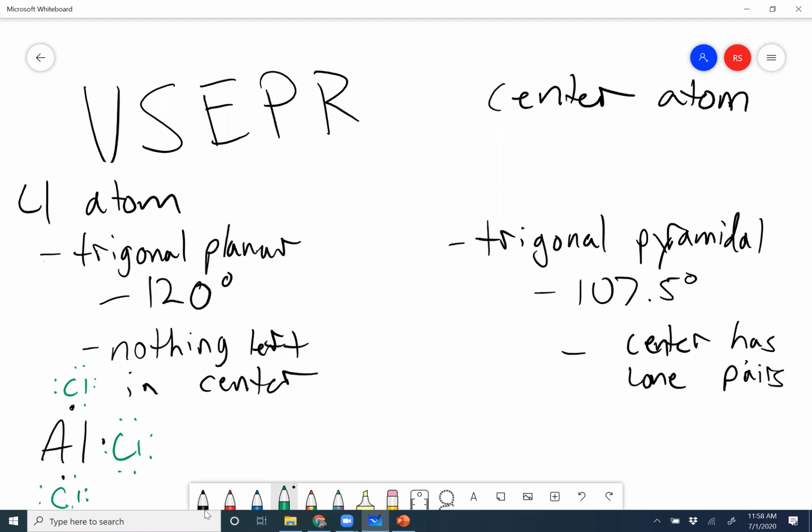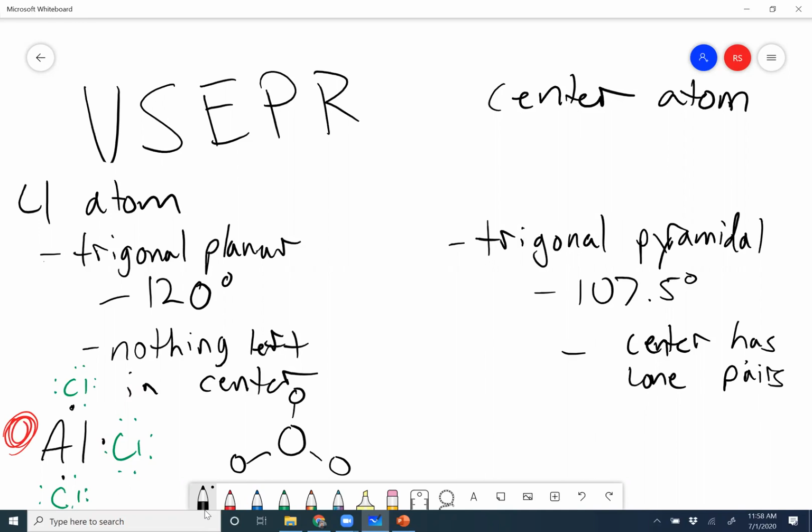But what you'll notice is that there is nothing left in the center of the aluminum. Aluminum has 3 valence electrons. It uses every single one. So there's this big space over here that's just not being used. So what will happen is the atoms will spread themselves out so that they're absolutely as far away from each other as they can. And this will give us the 120-degree bond angle.